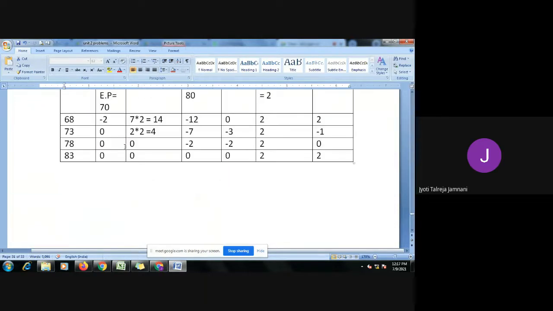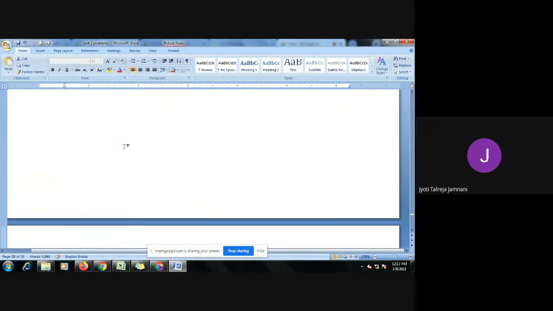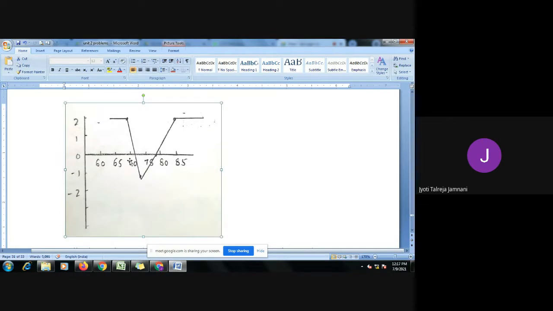Then we have minus 1 at the price of 73. So in between 70 to 75, at 73, I have put a dot here. This is minus 1. And then we have 0 at 78, and at 83 we again have plus 2. If I join, I get a V shape, and I will draw lines like this. These are the wings of the butterfly.